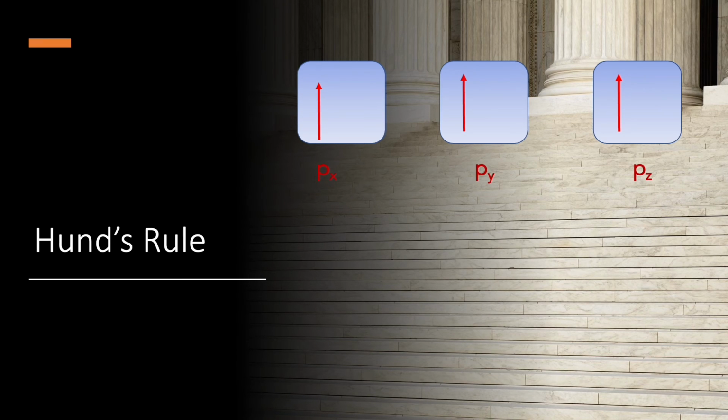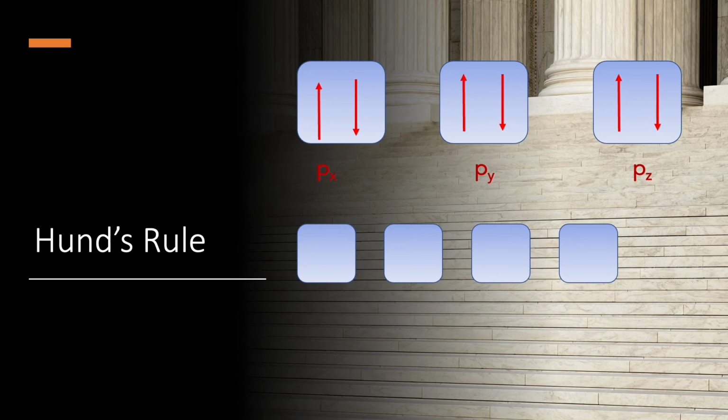Electrons occupy orbitals singly to the maximum possible extent before pairing with an electron with the different spin. With the fourth electron, Pauli's principle applies. This is the same for d orbitals as well.